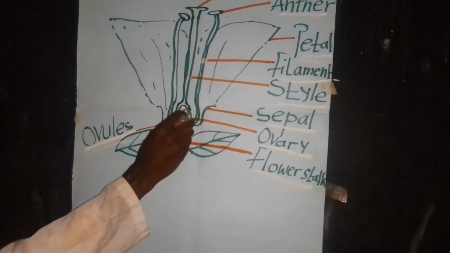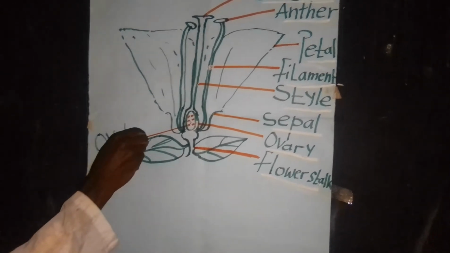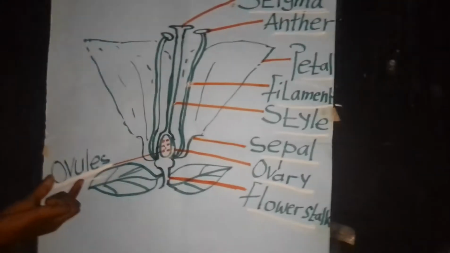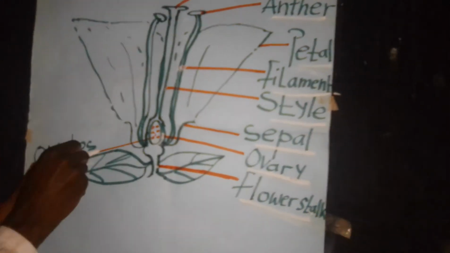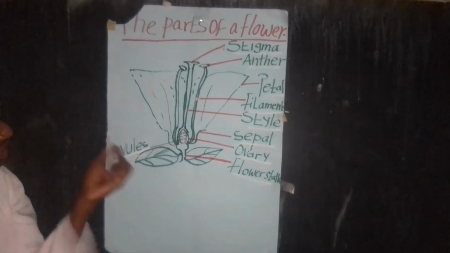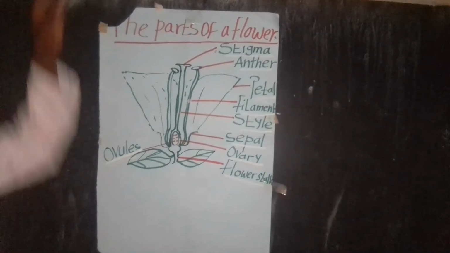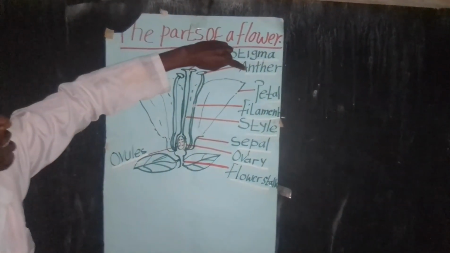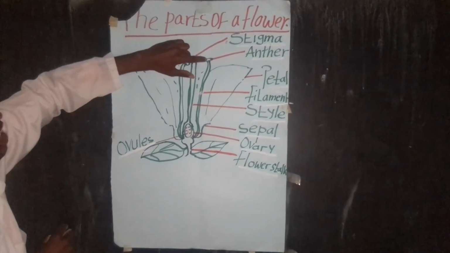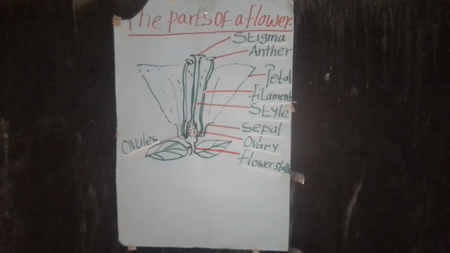This part inside is the female reproductive cell. This is the female reproductive cell of a flower. And in this flower we have anthers, which stand for male reproductive cells.